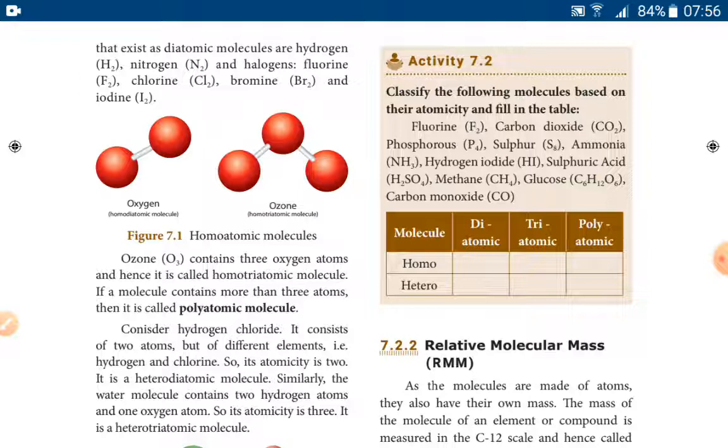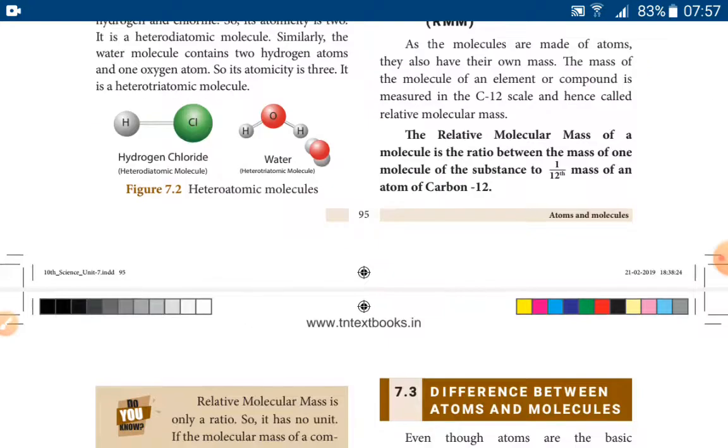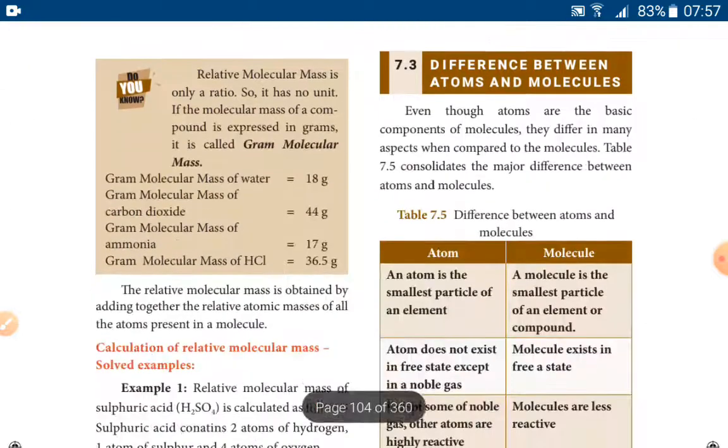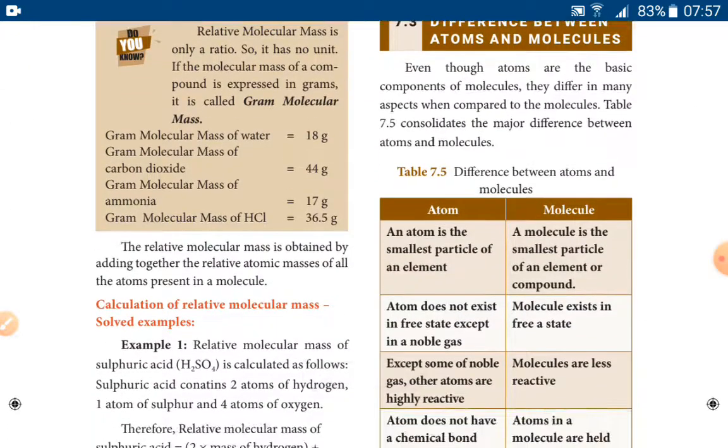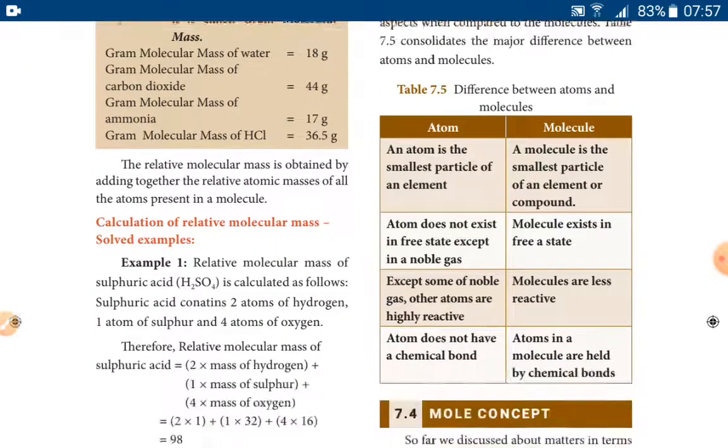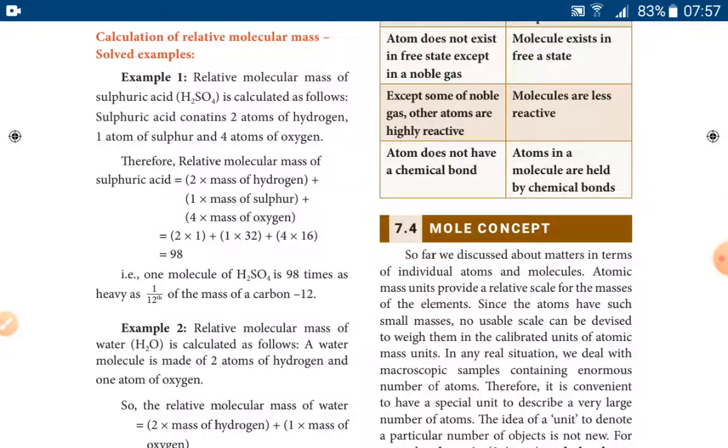And how will you classify a given molecule or compound based on atomicity? If the same kind of atoms of an element, it is homoatomic, and if different kinds, it is heteroatomic. Then what is relative molecular mass based on the carbon-12 scale. Then the difference between atoms and molecules. This is also an important one, and will be asked in 2-mark questions at some time.